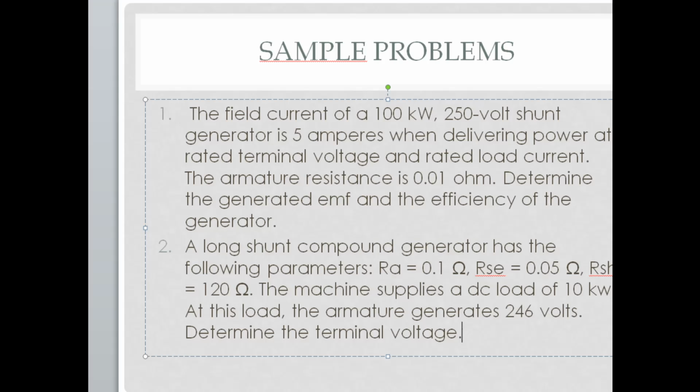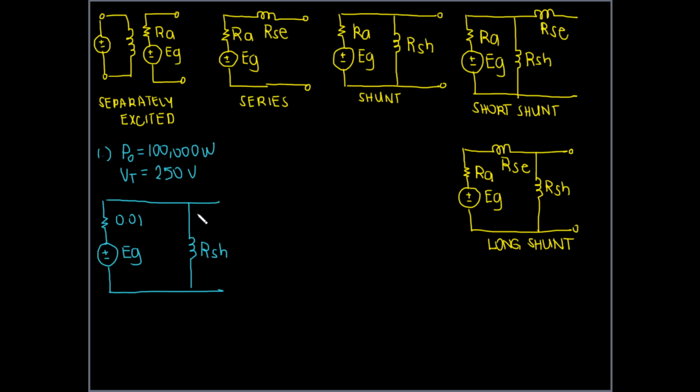However, we were given that the field current of a 100 kilowatt 250 volt shunt generator is 5 amperes. So we were given that this field is taking in 5 amperes.